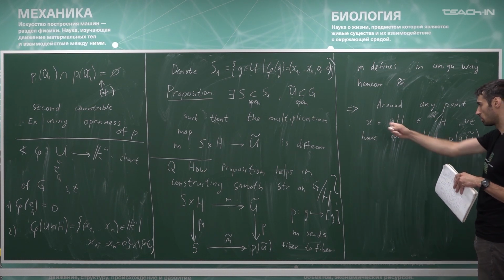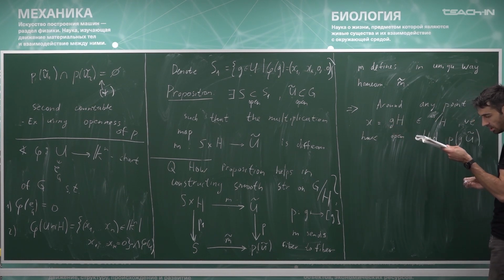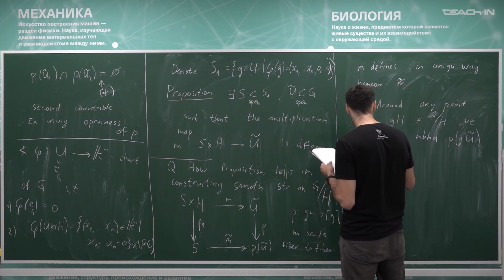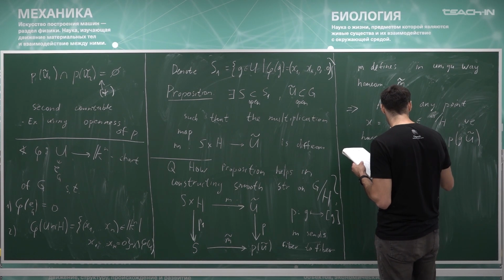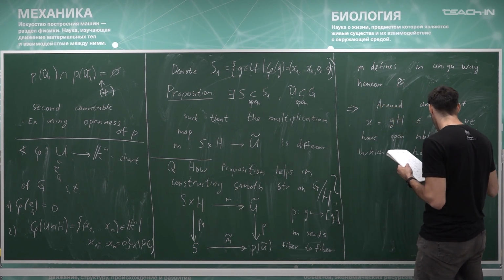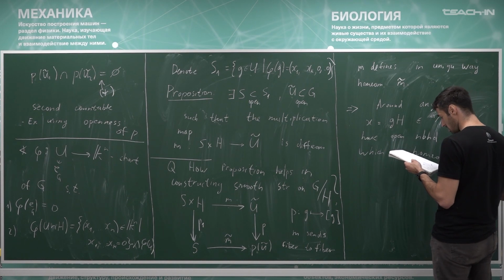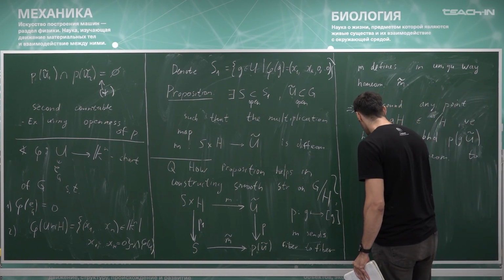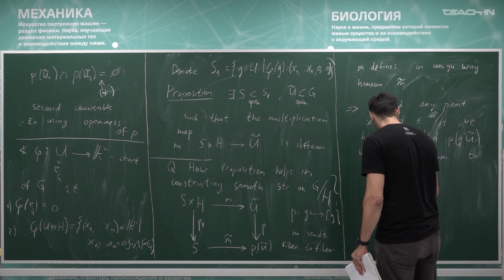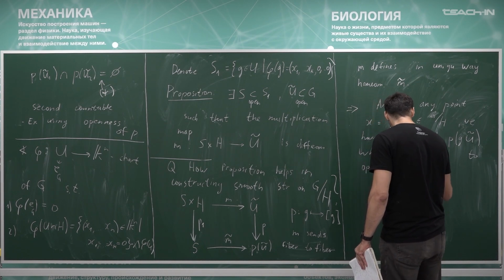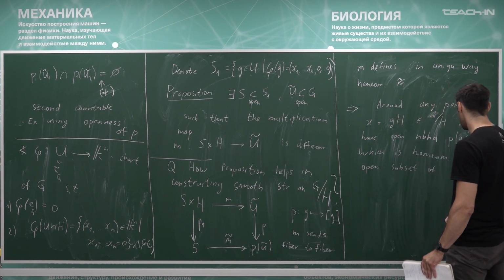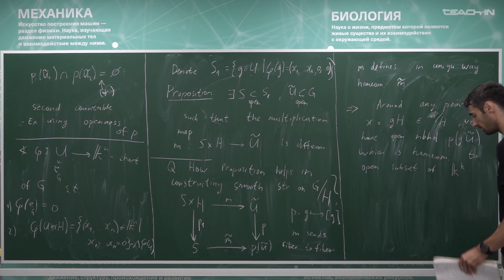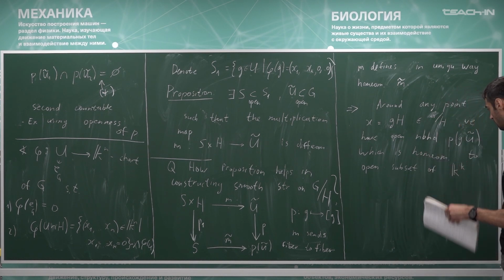This will be an open neighborhood around X, which is homeomorphic to an open subset of K^k by the following map.